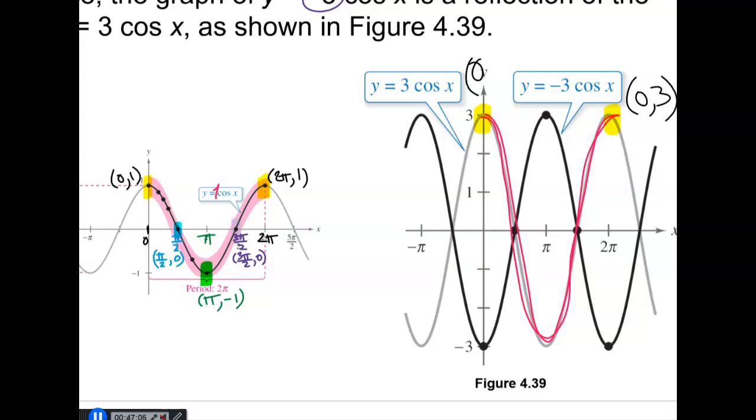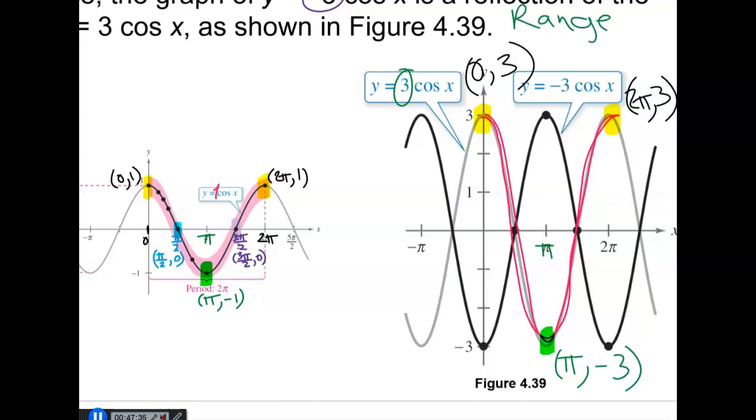Now we do have that minimum point, and it is still occurring at pi, but it's going to be pi, negative 3, because the amplitude is changing to 3, meaning that the range will be from negative 3 to positive 3.